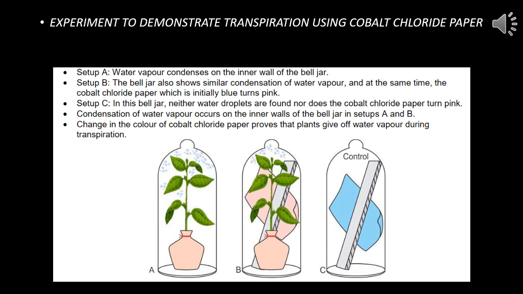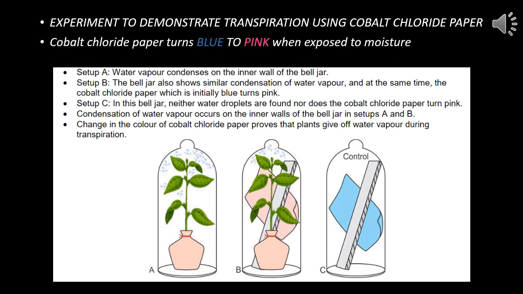Then setup B: arrange another similar plant and cover it with a bell jar exactly in the same manner as the first one, except that here you keep a dry cobalt chloride paper by the side of the plant inside the bell jar. The paper may be pinned to a wooden stick or to a strip of cork sheet.